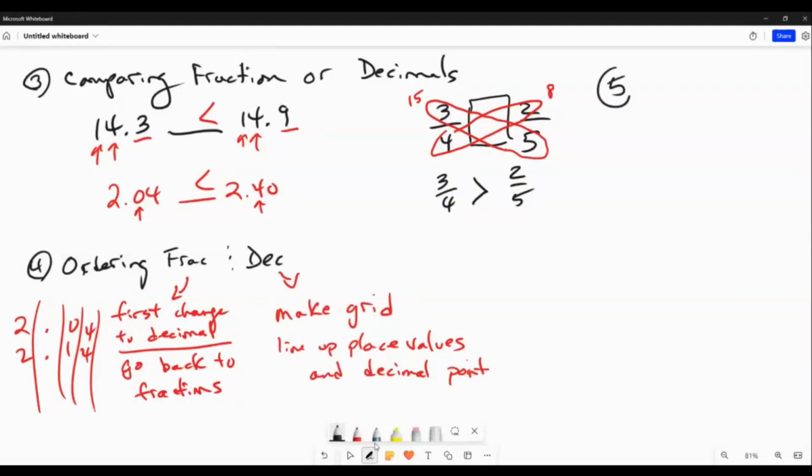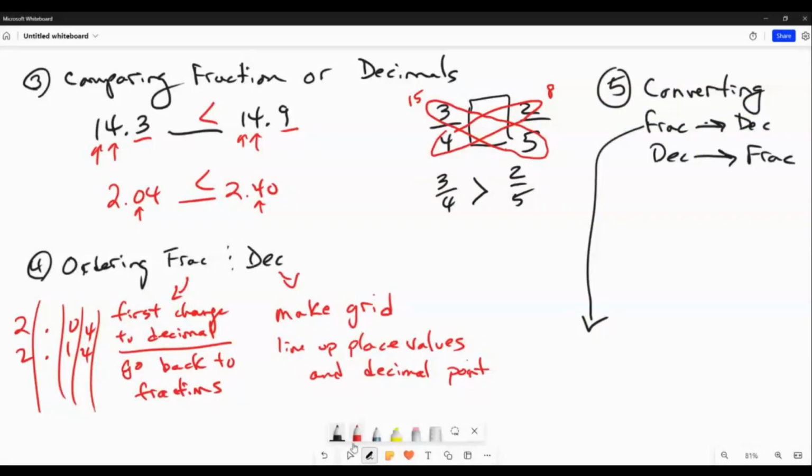Then we did converting fraction to decimal and decimal to fraction. When you're changing a fraction into a decimal, say I have 3/5 and I want to change that into a decimal number.